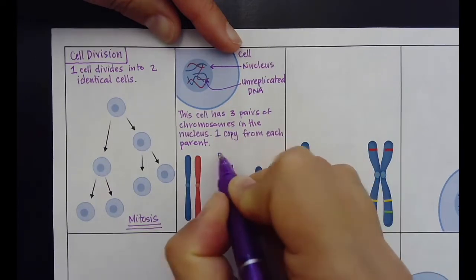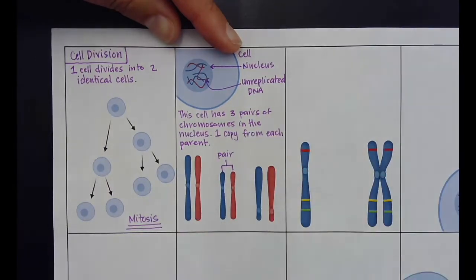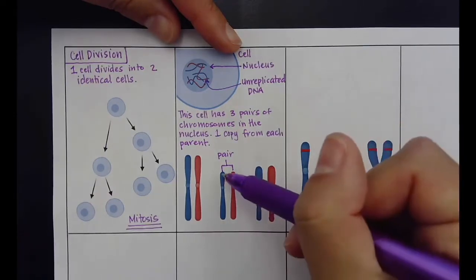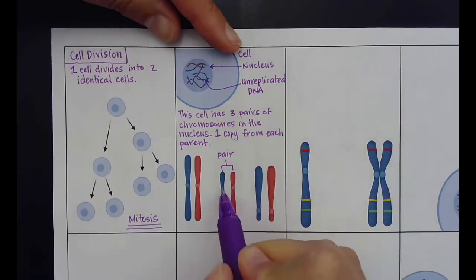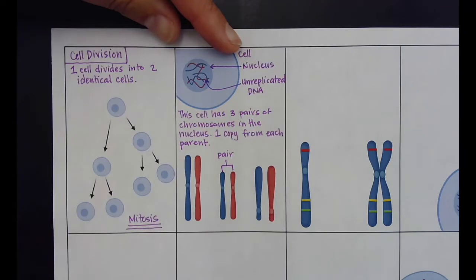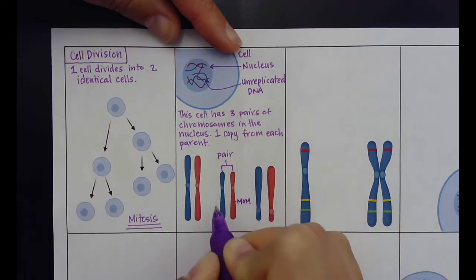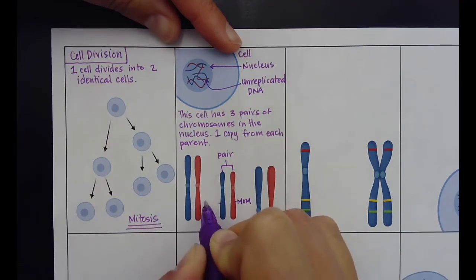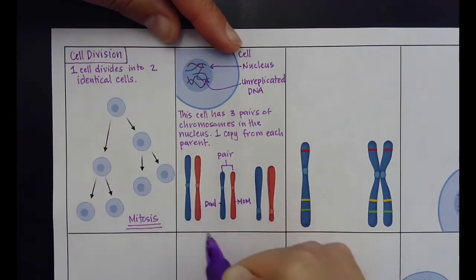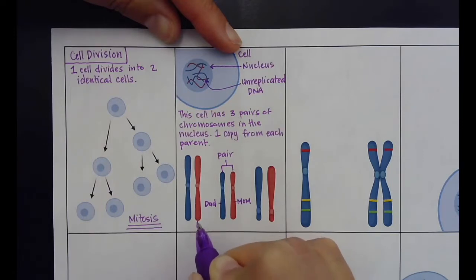This is what we mean when we say a pair. There are 2 that are the same length. The centromere is in the same place, and they have the same genes. You've got one of these is from mom, and one of them is from the dad. And then this would be an example of a single chromosome.